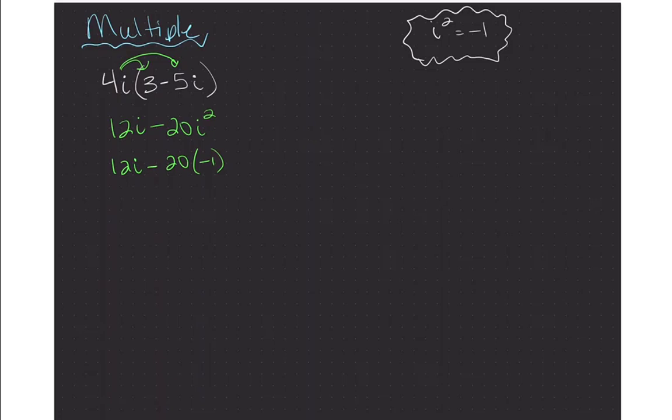And then that would be what? 12i plus 20. And then we can either leave it that way, or if we want to put it in that standard form, which is the reals and then the imaginaries, you could just rearrange that to 20 plus 12i if you wanted to, right?